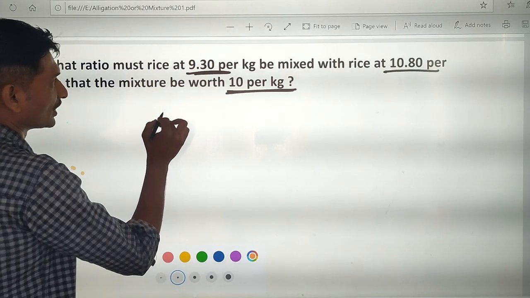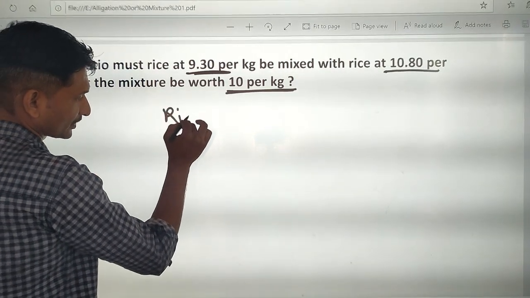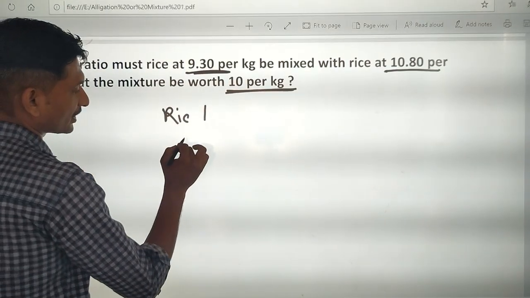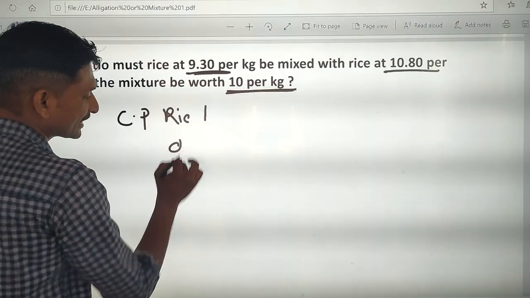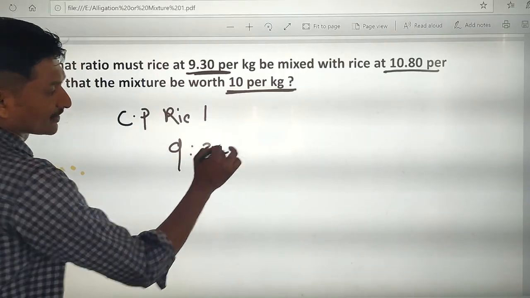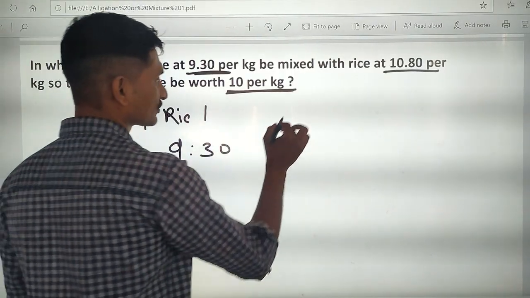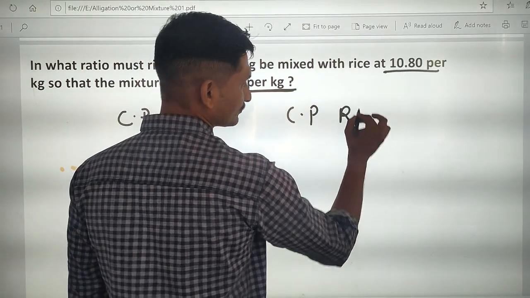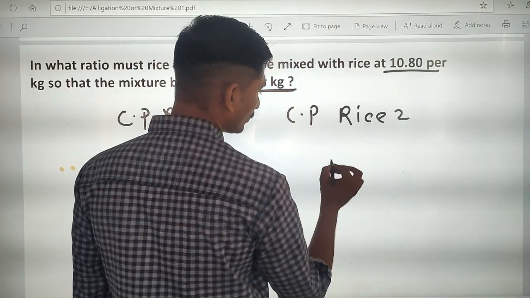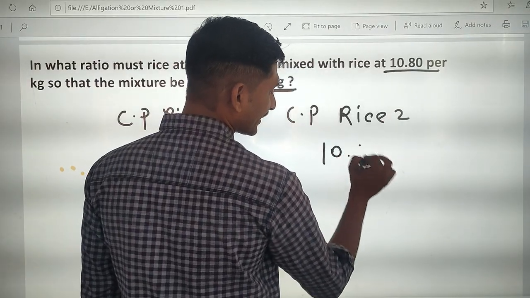Rice 1 has a cost price of 9.30 and rice 2 has a cost price of 10.80.